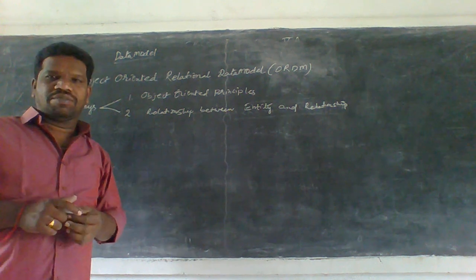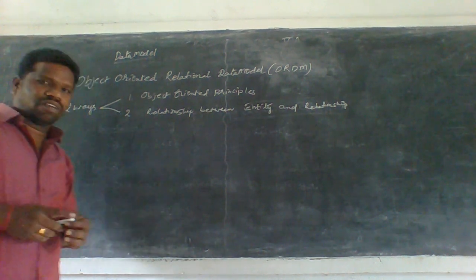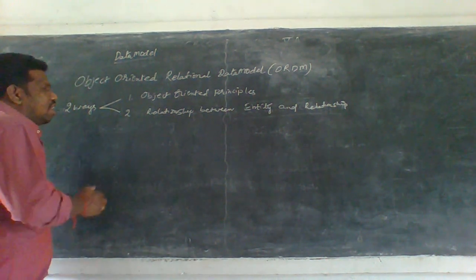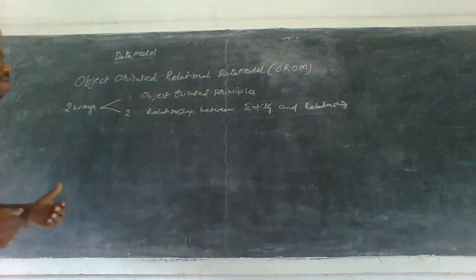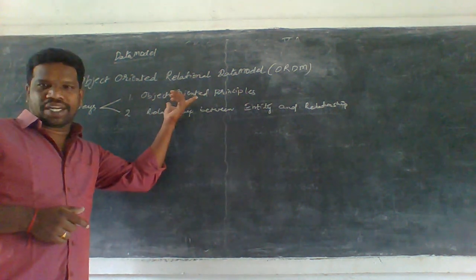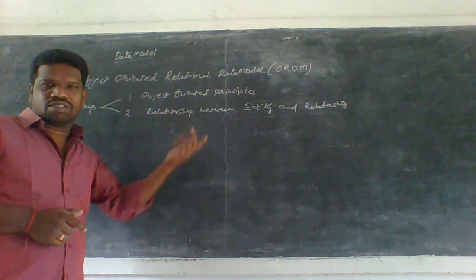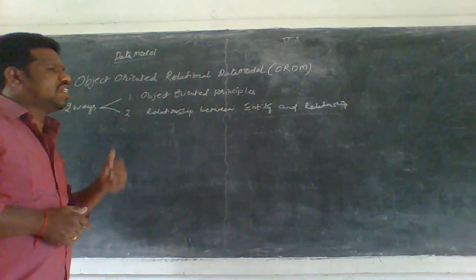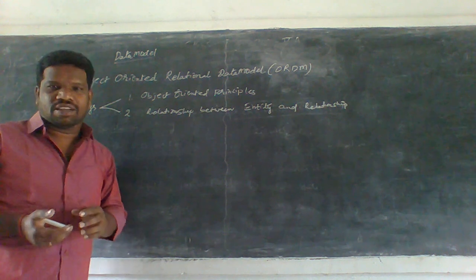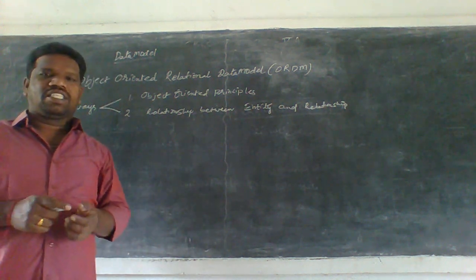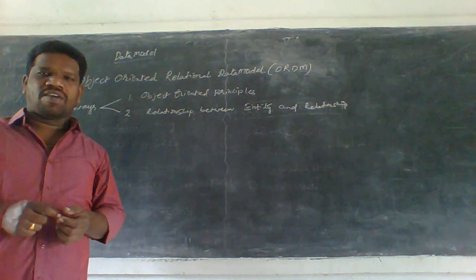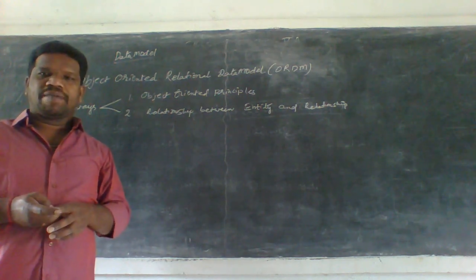So what are the object oriented principles? There are types of principles available in object oriented programming: what is an object, what is a class, what is data abstraction, what is inheritance, what is message passing, what is polymorphism, what is dynamic binding.